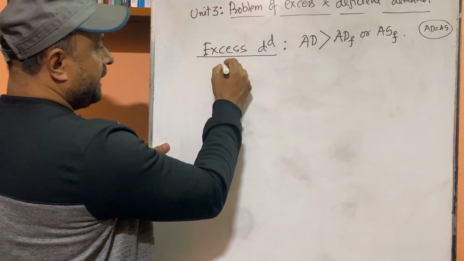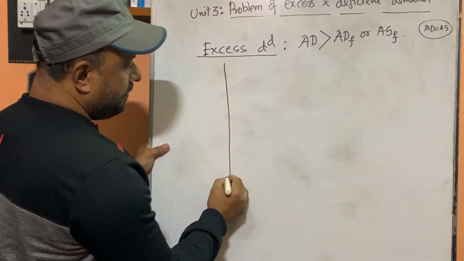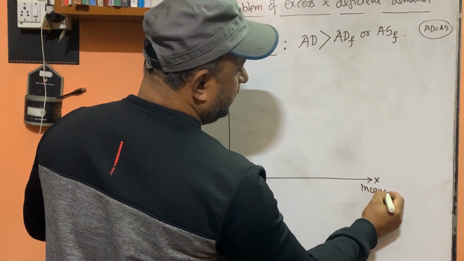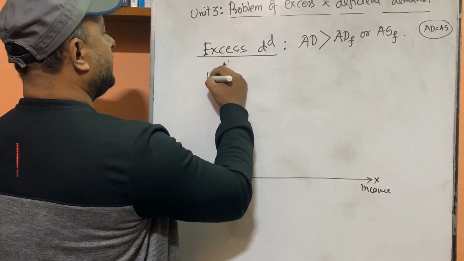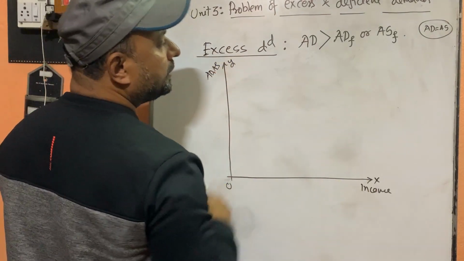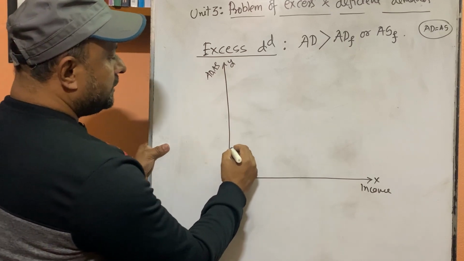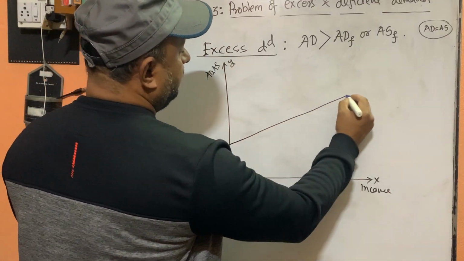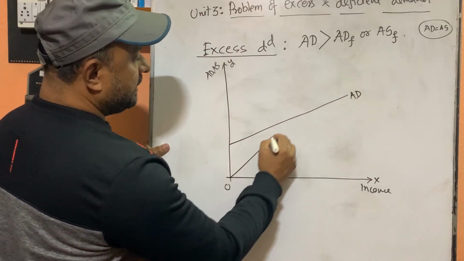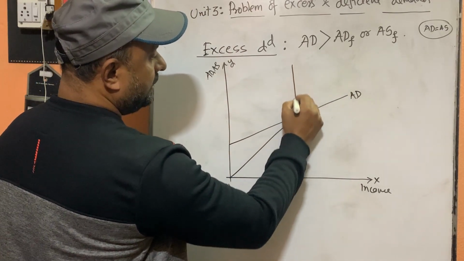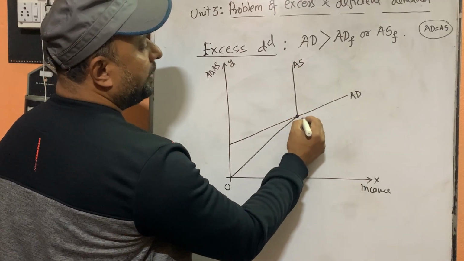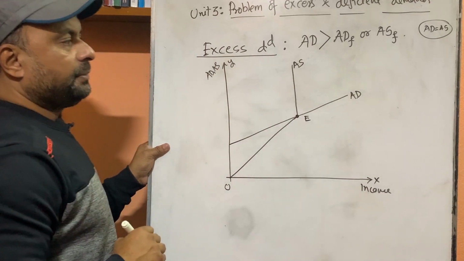Diagrammatically we can show it this way. Here we are measuring income, meaning national income, and aggregate demand and aggregate supply. This is the aggregate demand curve, and this is the aggregate supply curve. This is the full employment equilibrium level.